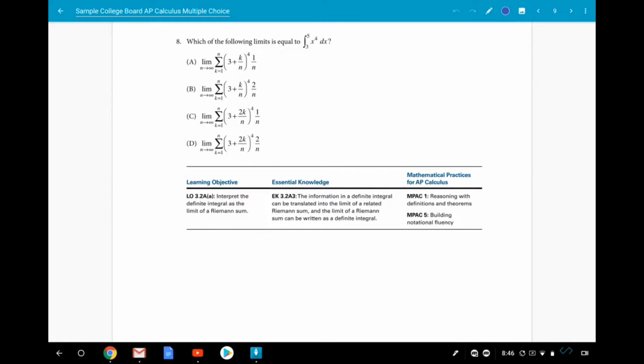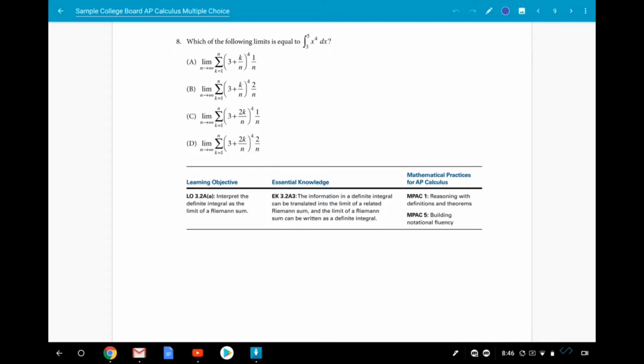Okay, number 8. Which of the following limits is equal to the integral from 3 to 5 of x to the 4th dx? This is testing your knowledge of Riemann sums. I'm going to show you some tricks to help eliminate some potential answers, and then help distinguish the right answer from the remaining ones.